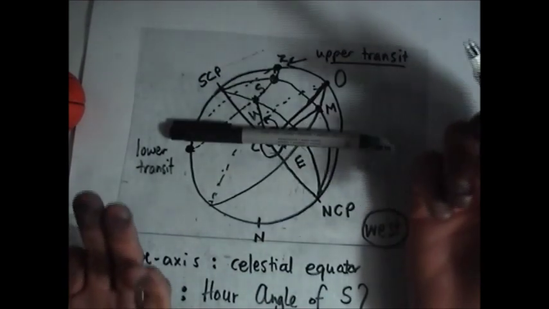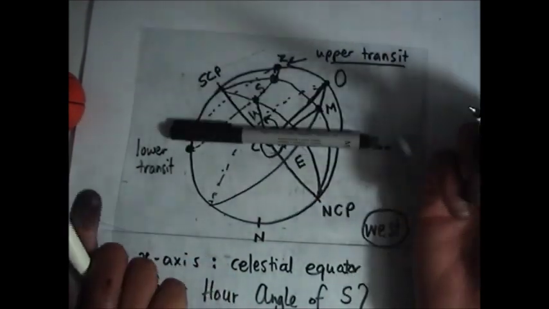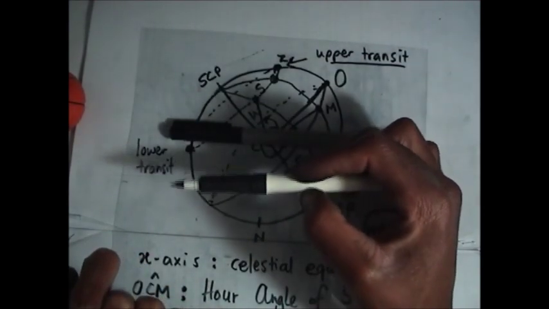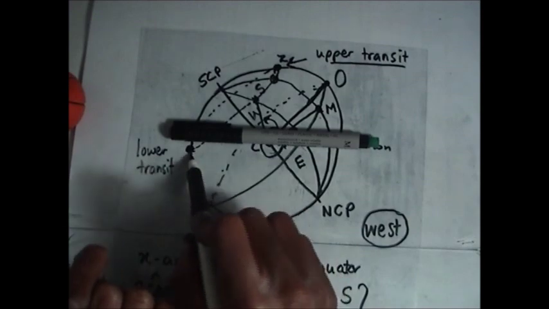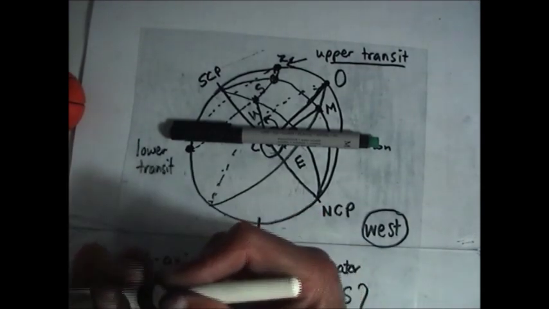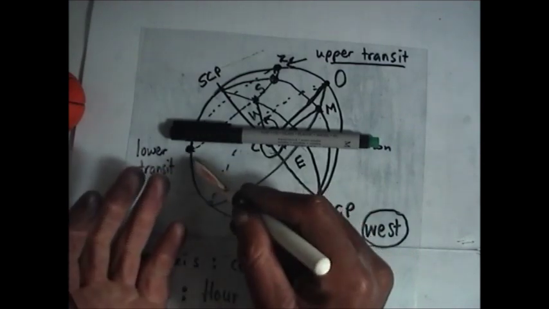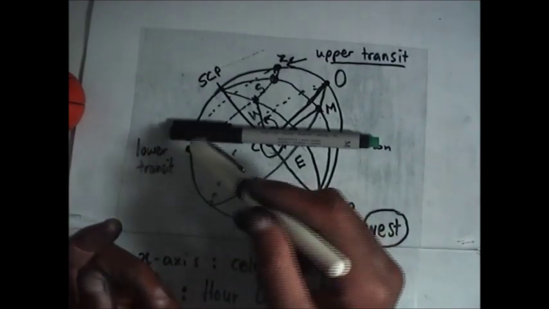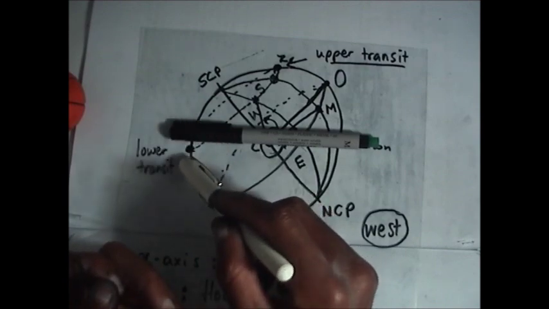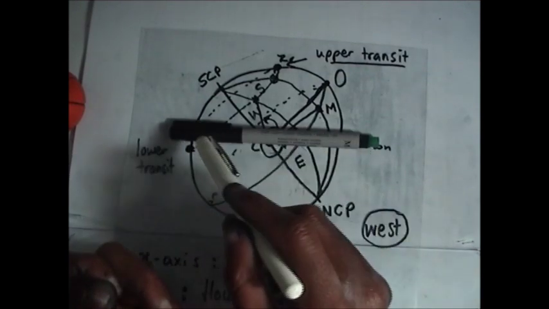When we're talking about the sun, we say the sun has set because it has gone below your horizon, and then it will reach its lower transit. We cannot see it in lower transit because it happens below our horizon.